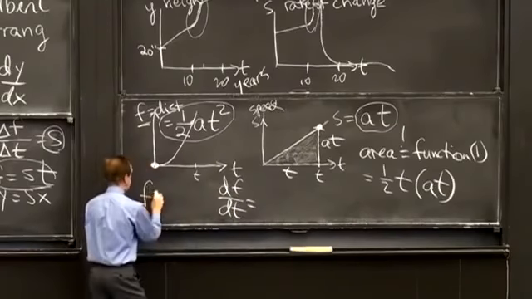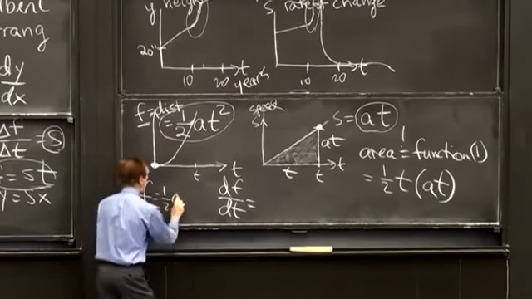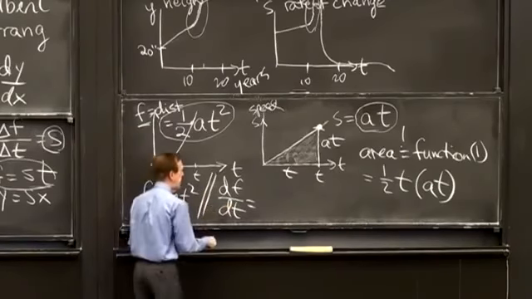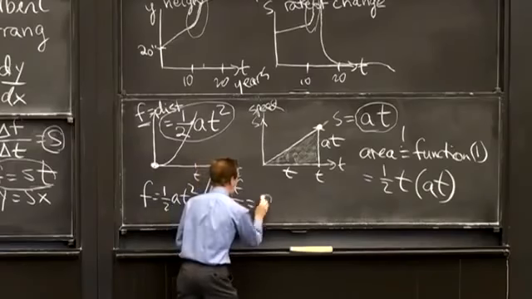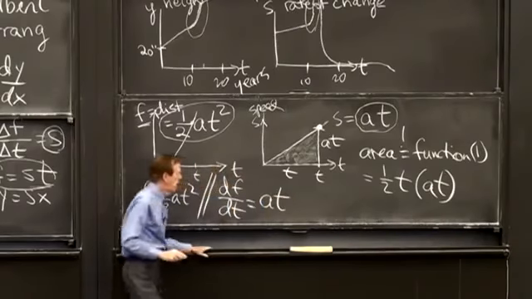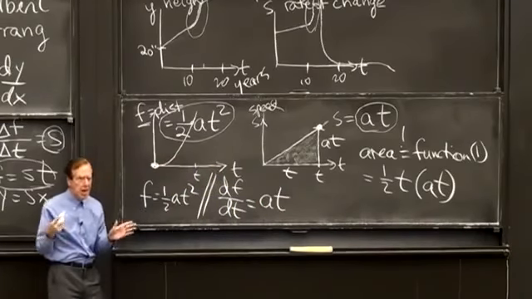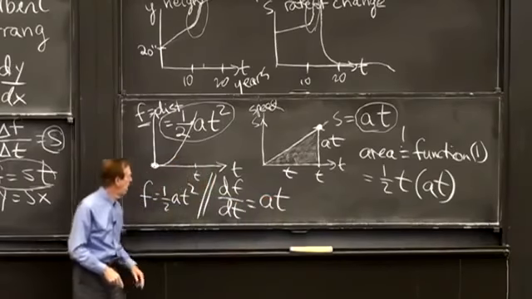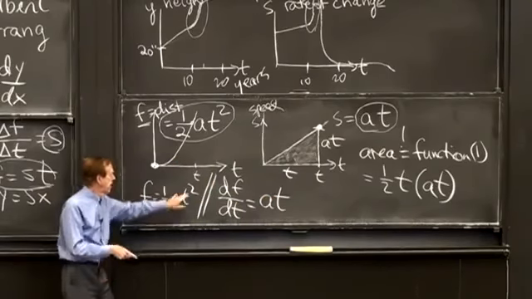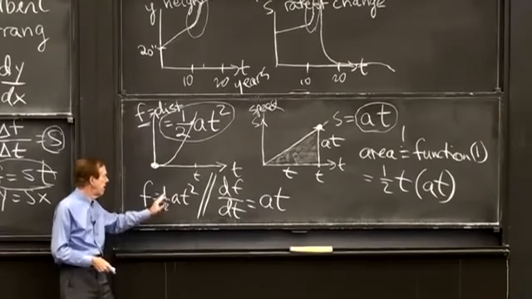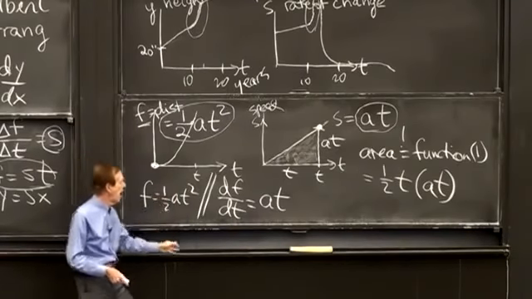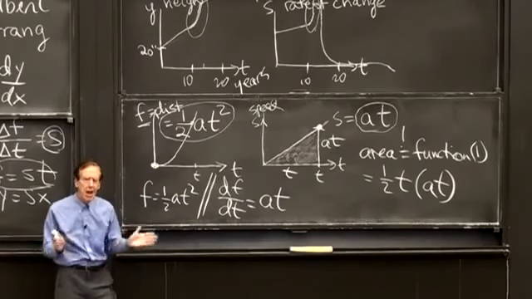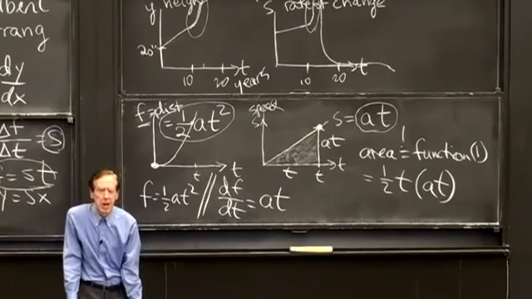If f is 1/2 of a t squared, then df dt is a t. You'll see this rule again. The power 2 dropped to a power 1, but that 2 multiplied the thing, so it canceled the half and just left the a. Okay, that's a start on the highlights of calculus.